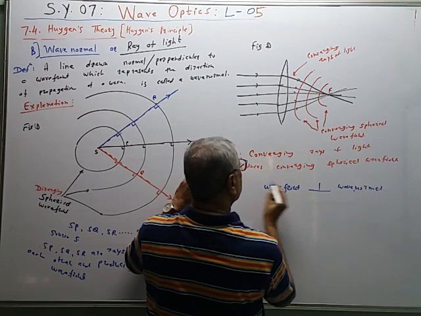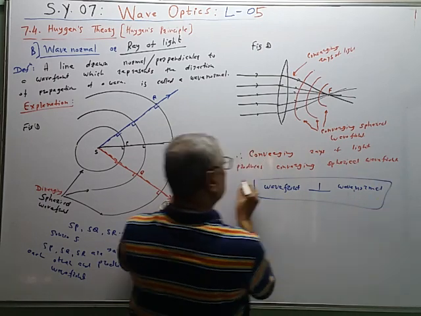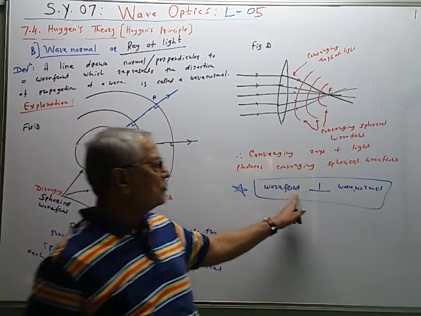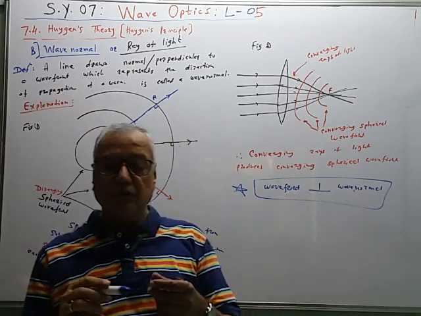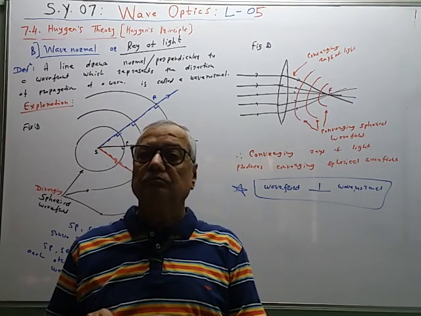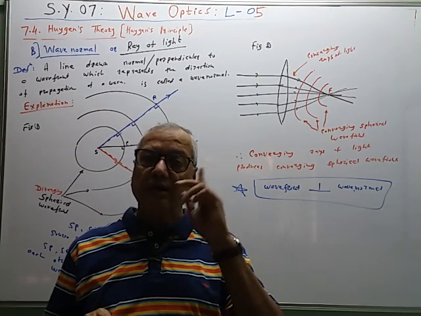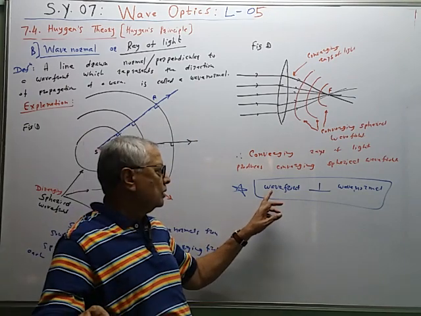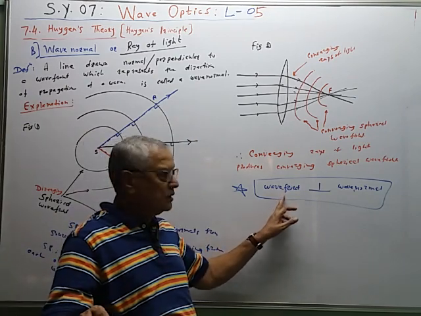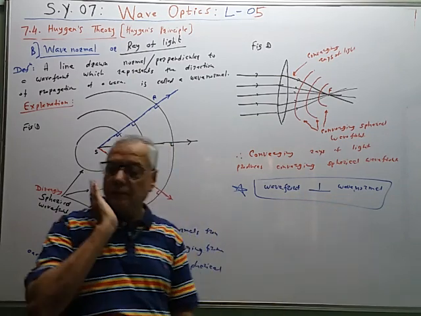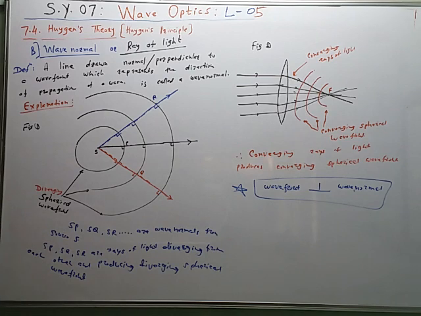This is a very important property. So whatever may be the type of the wavefront, the wave normal is always perpendicular to it. So wavefront has three types: spherical wavefront, plane wavefront, and cylindrical wavefront. So if we know the type of the wavefront, then we know the type of the wave normal. So we are going to see the types of the wave normal.